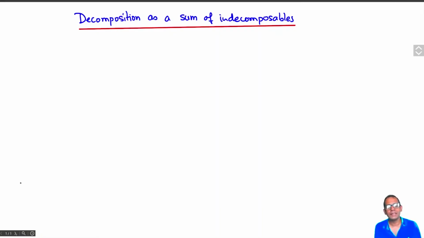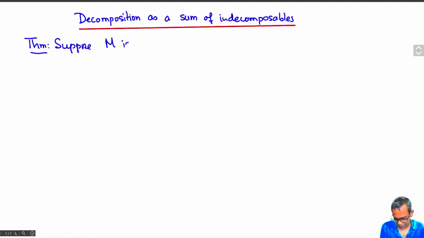In this lecture, we'll see how a module can be written as a sum of indecomposables. So the main theorem is the following. Suppose M is an R module that satisfies the descending chain condition.